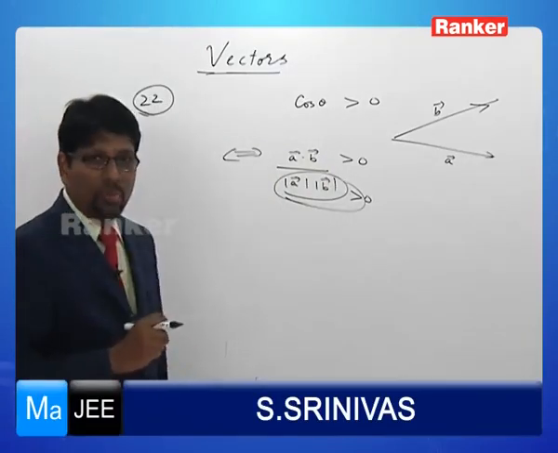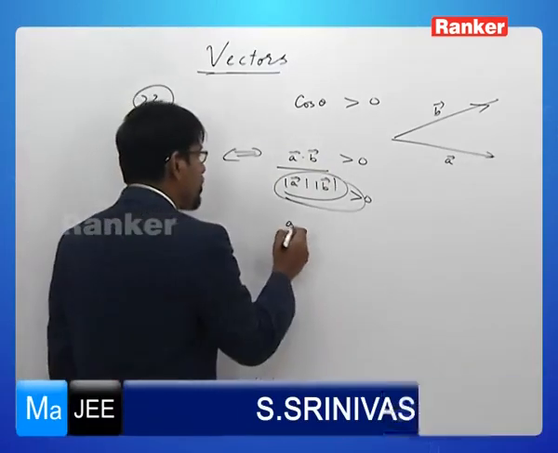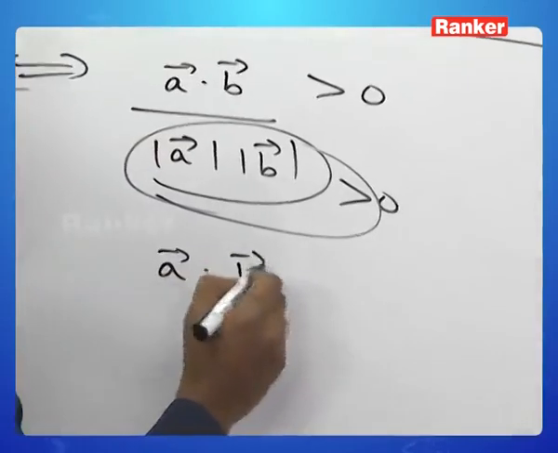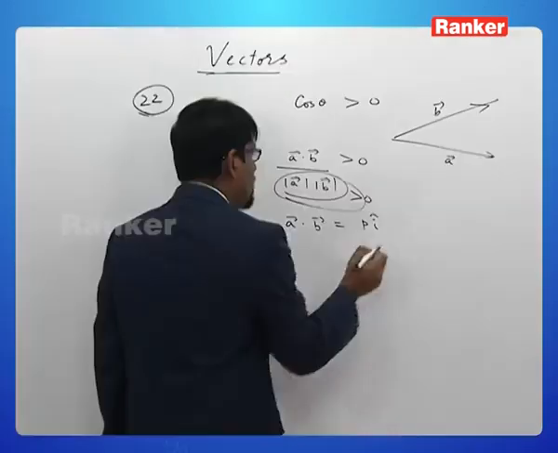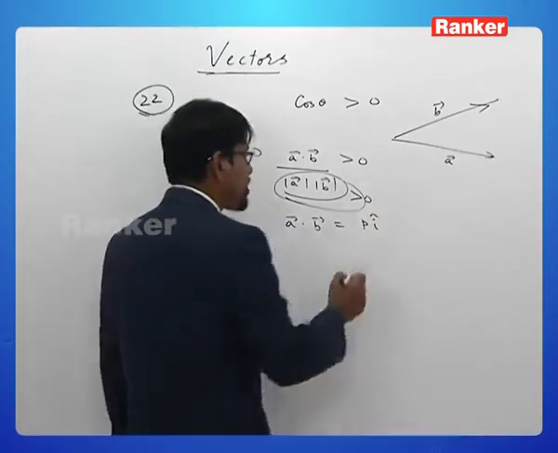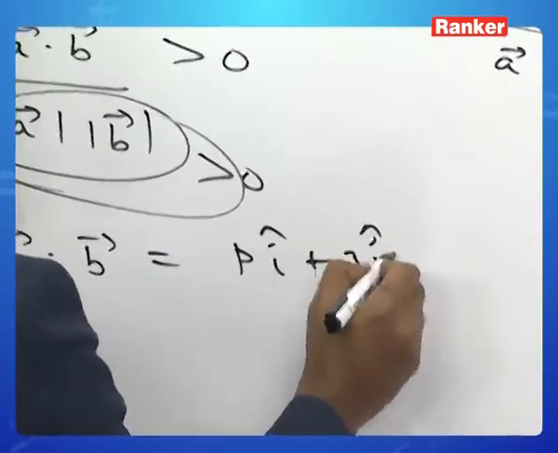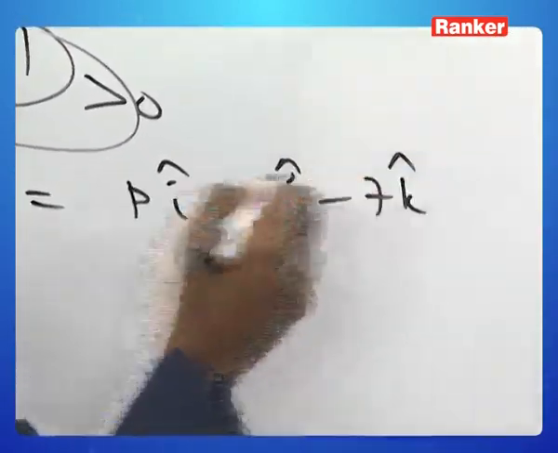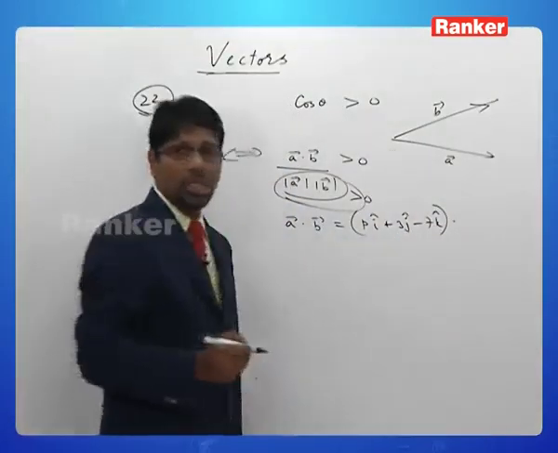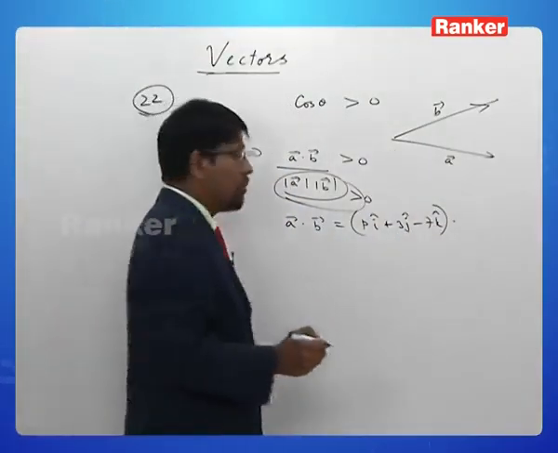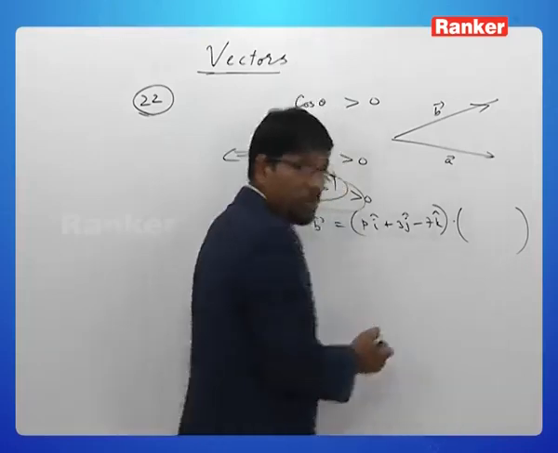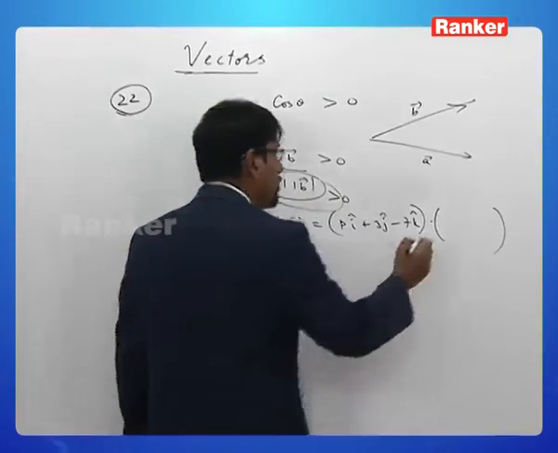So let's look at a dot b. What is a bar dot b bar? A bar is given to be pi plus 3j minus 7k. And now let's look at b bar. B bar is given to be pi minus pj plus 4k.